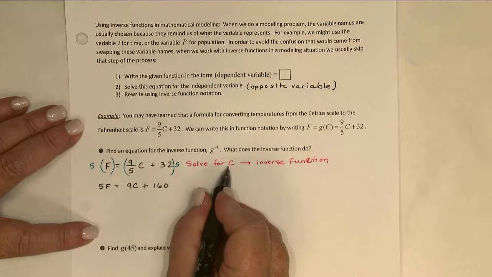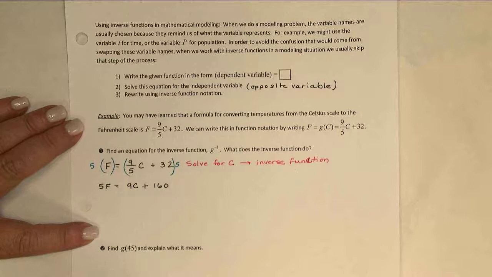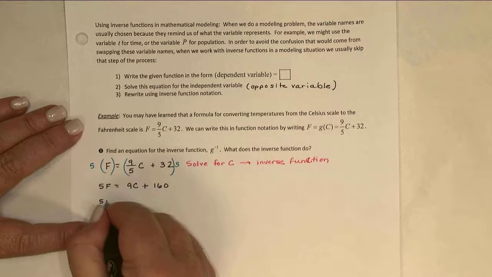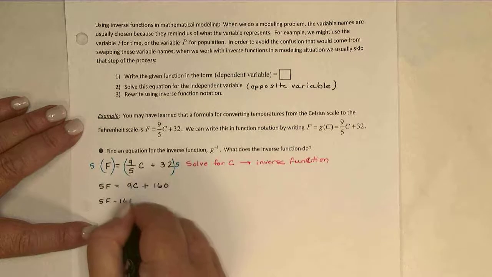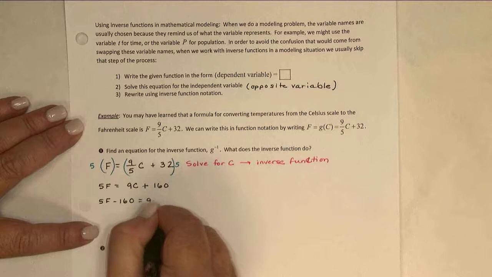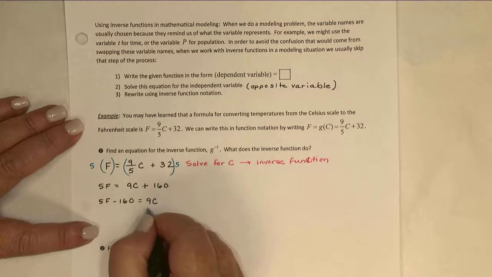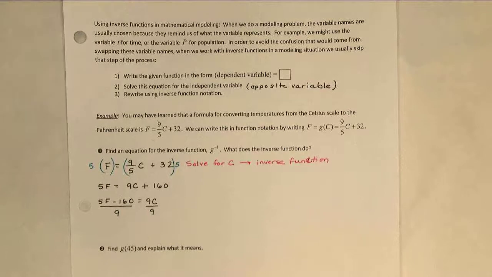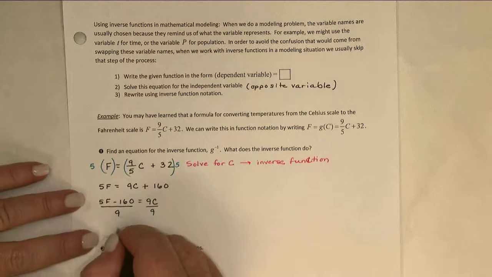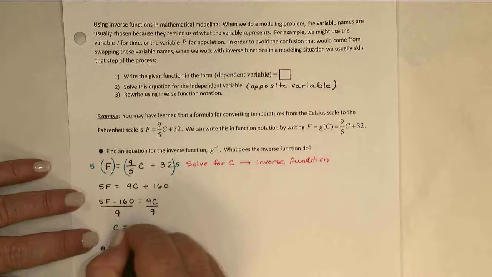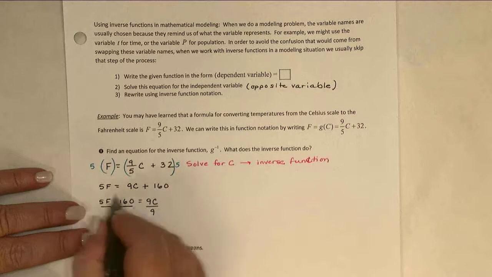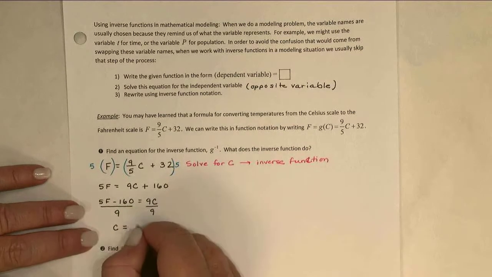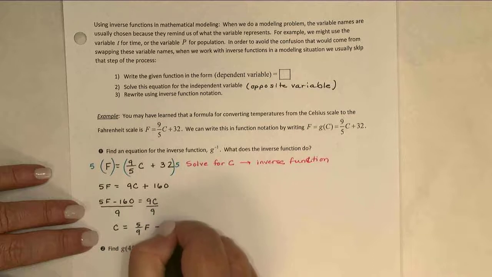Again, remember, my goal is to solve for c, get c by itself. So I'm going to subtract the 160, and I'll divide by the 9. So I could write c equals, I can leave it just like this, or I can write it as 5/9 f minus 160 over 9.